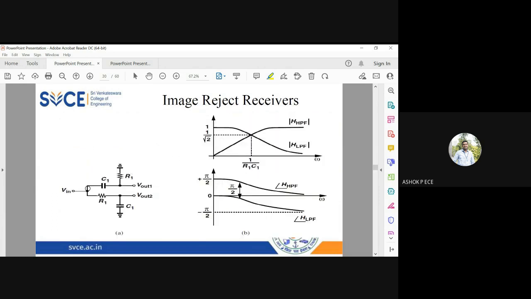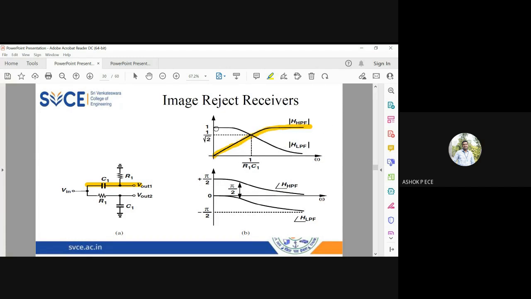The input signal is given to one C in series and R in shunt. This is going to be your high pass filter, and this is going to be your low pass filter. We pass the same signal to both. The high pass filter attenuates the low frequency and allows the high frequency; at high frequency, the gain becomes constant.